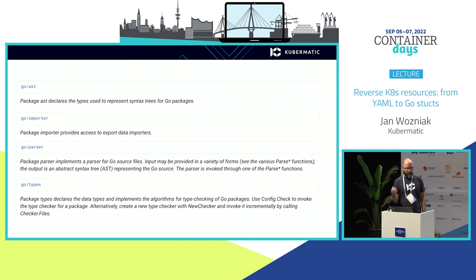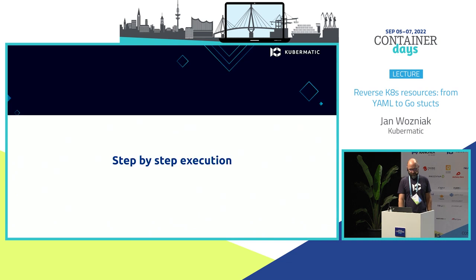Mainly, they just make the AST easier to work with. So if you are looking for certain patterns in your extensive code base, you can look up, for example, oh, give me all the structures, or give me all the structures that implement a certain interface. This is something that's kind of a foundation for the support on CRDs for reverse cube resource.